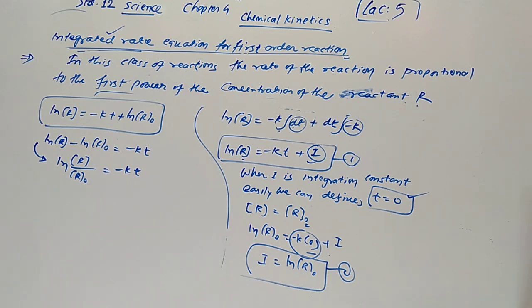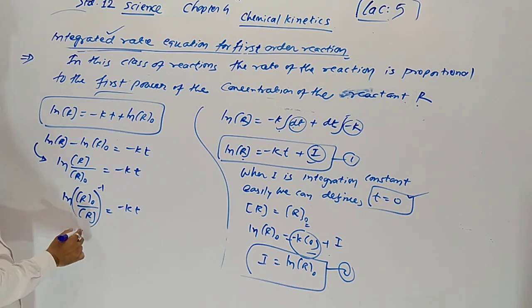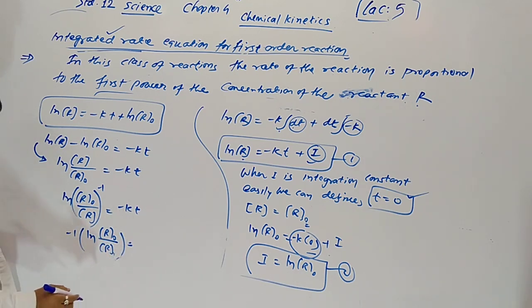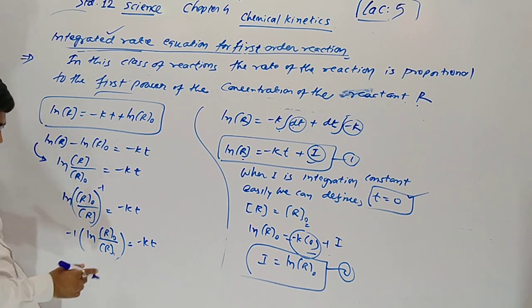we are changing down in up and up in down. So it will be minus 1. So minus comes as a multiplication, rest is the law of logarithm. Both sides minus cut.